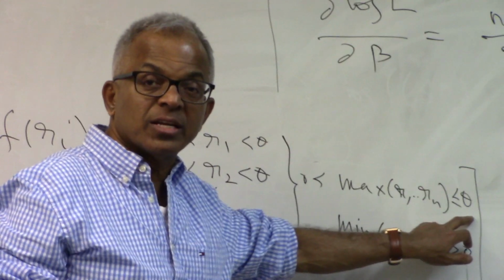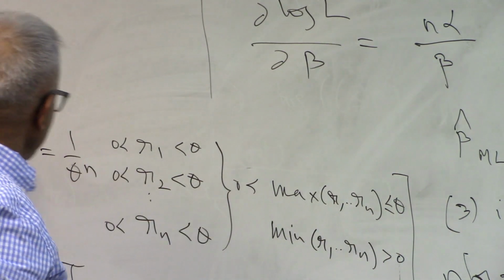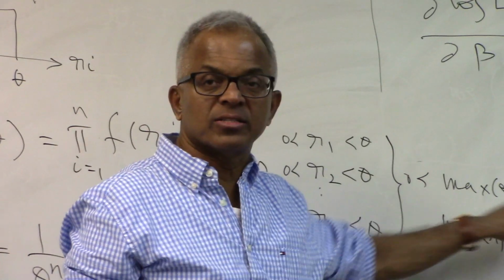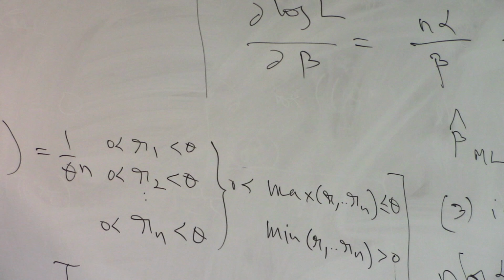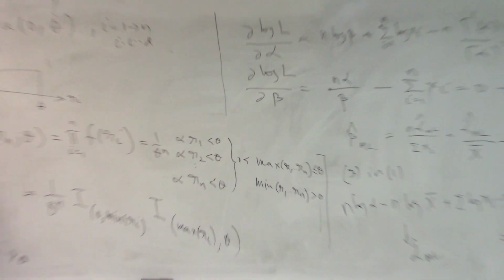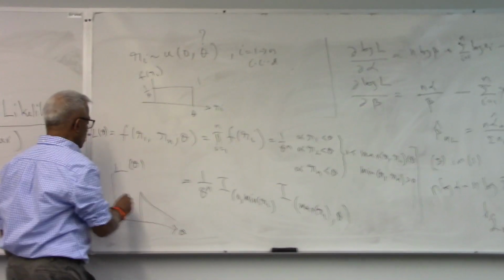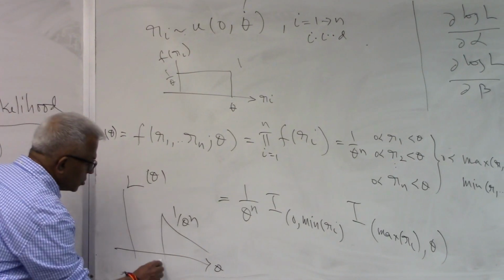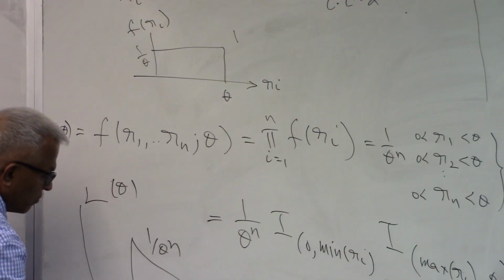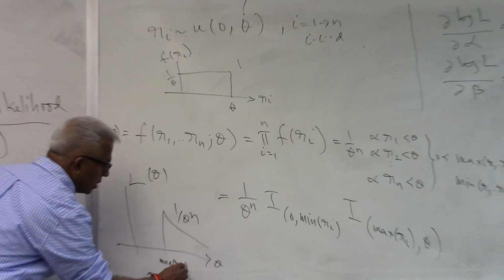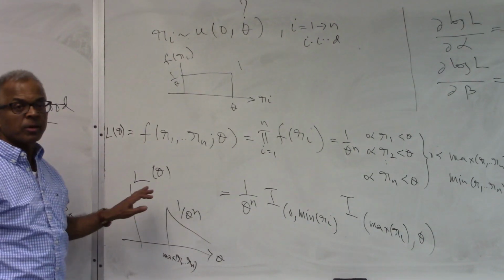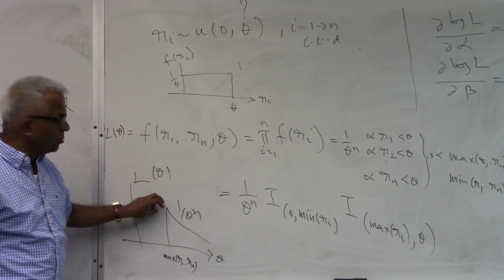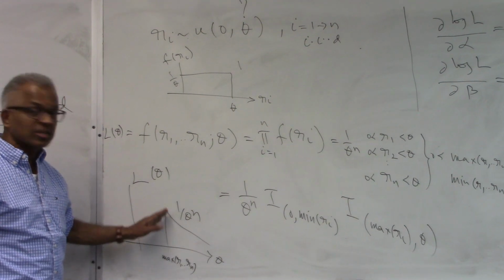But the condition on theta is what? This is the density function provided theta is greater than the max. Then it goes down as 1 over theta to the n, right? So this value is your max of R1, etc. Rn. So the principle of maximum likelihood says, take the value for theta which is most suggested by the data.